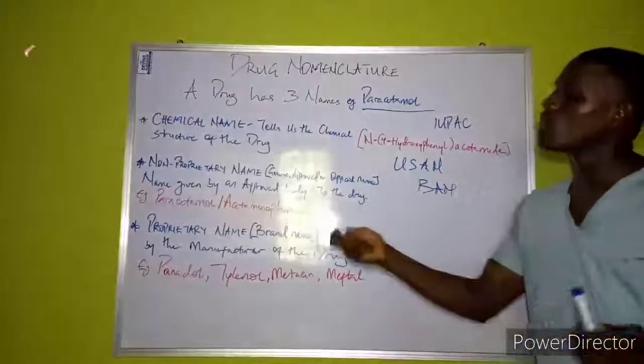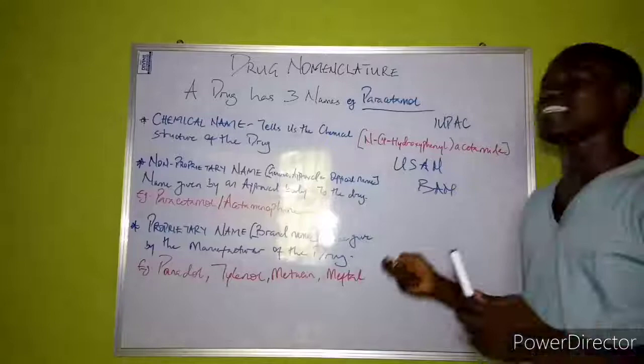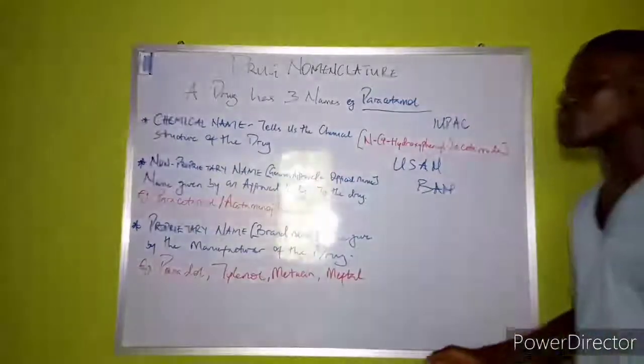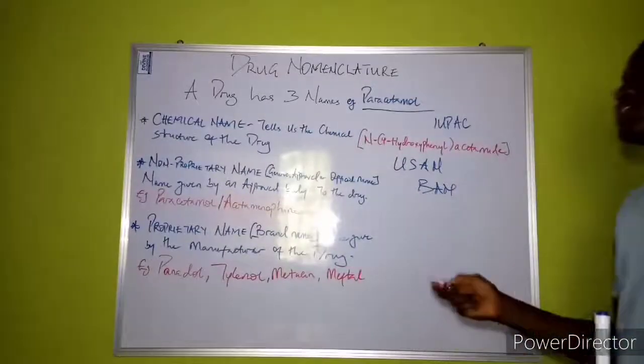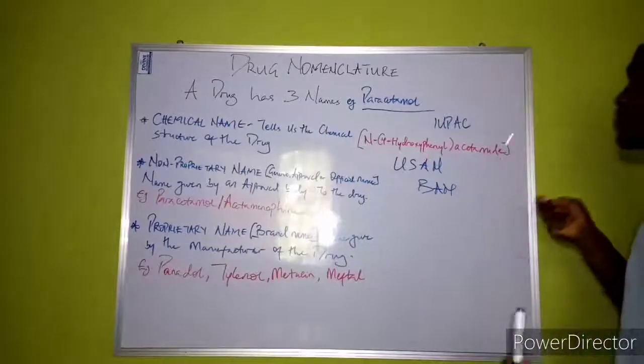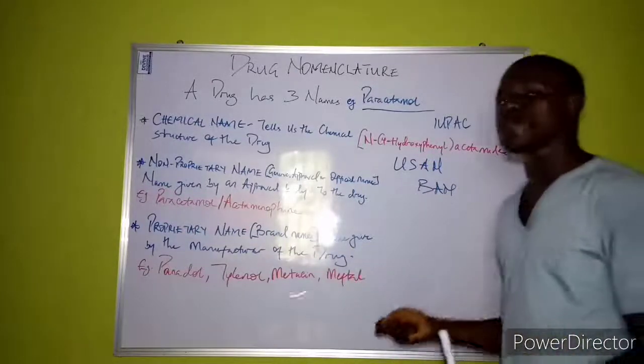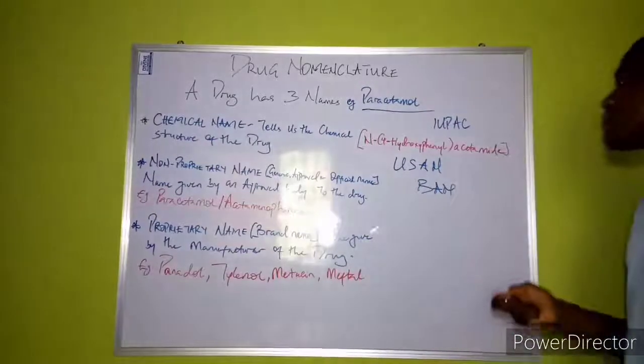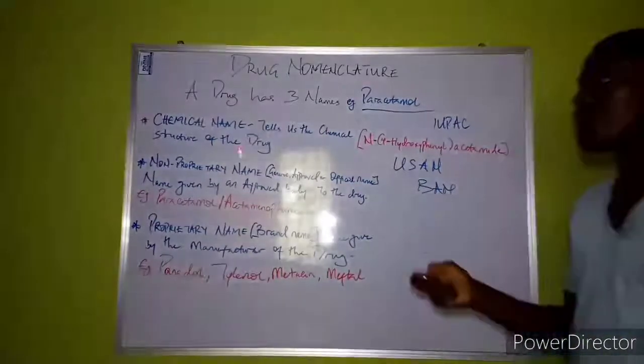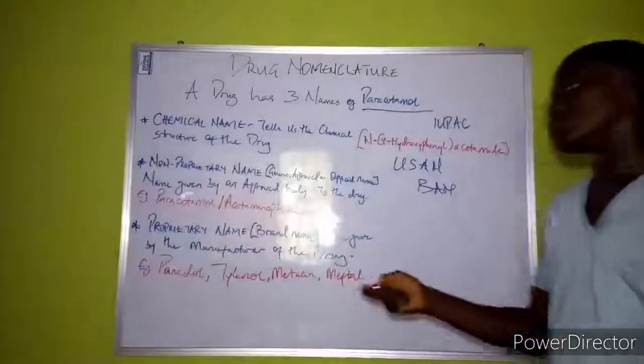While the non-proprietary name for the drug, the name given by an approved association to paracetamol, is paracetamol or acetaminophen. These are the names given by the approved bodies to the drug.